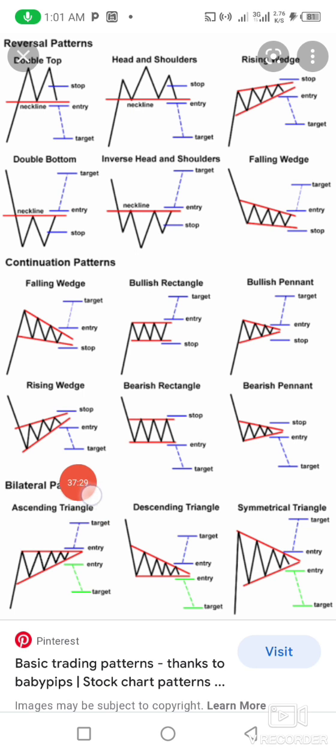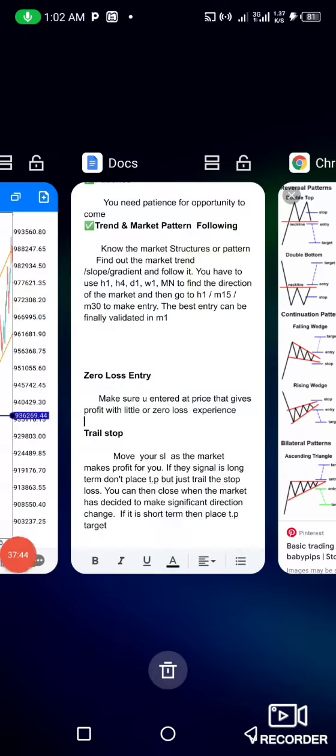We also have bilateral patterns. There are groups of patterns: reversal patterns, continuation patterns, bilateral patterns, that is, patterns made up of both continuation and reversal. We have ascending triangle, descending triangle, symmetrical triangle. All you need is to apply patience and lead theory.